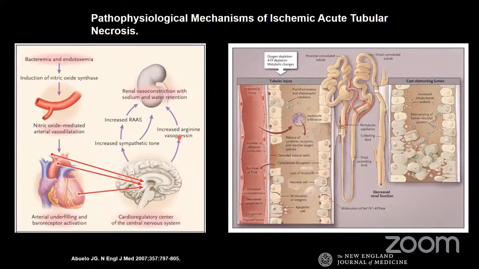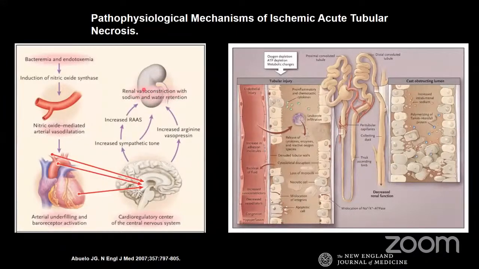So the problem with the production of excessive pro-inflammatory mediators, such as tumor necrosis factor alpha, nitric oxide synthase, and the epinephrines and everything, is that, amongst other things, they cause the afferent arteriole to constrict instead of dilate, and it causes a problem. But vasopressin, on the other hand, only affects the efferent arteriole, and doesn't affect the afferent arteriole. So at the end of the day, you have renal vasoconstriction with sodium and water retention.